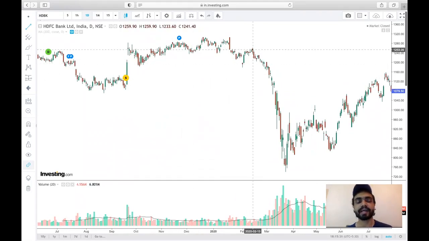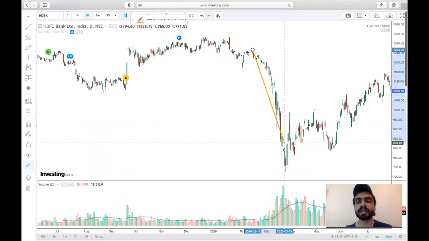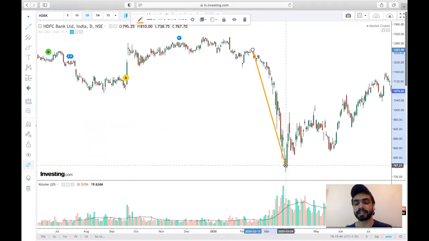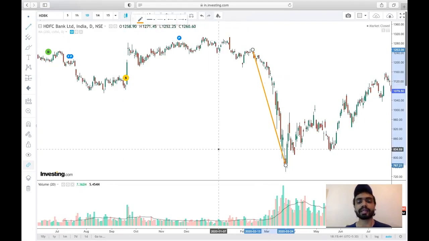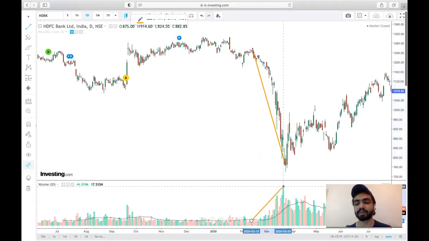This is HDFC Bank day chart. There was a big downtrend in the market. All right. And what I do is I use the trend line, and for the same period, I plot the trend line on my volume indicator, which is at the bottom section of your investing.com. Now, for this period, what am I seeing is the volumes have been increasing for this downtrend.